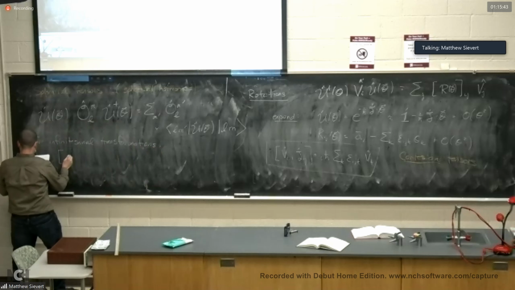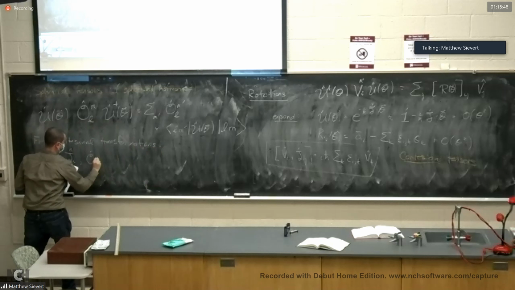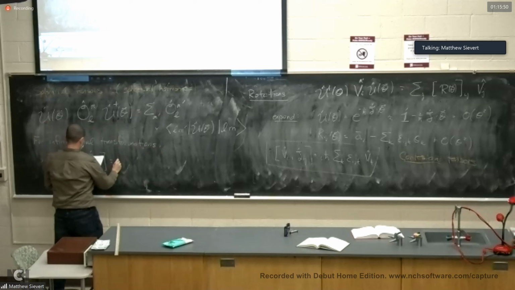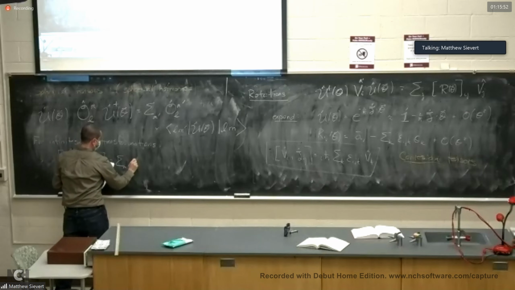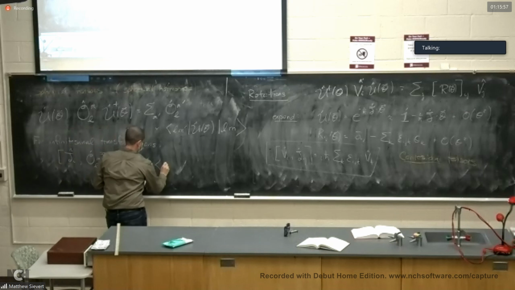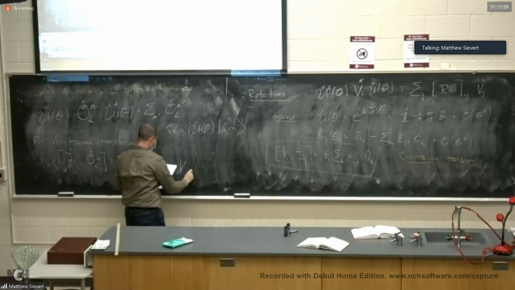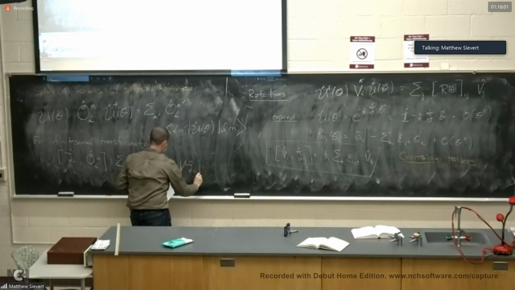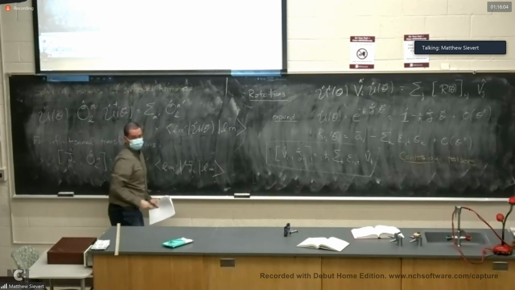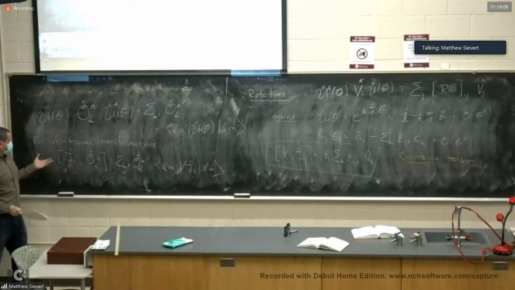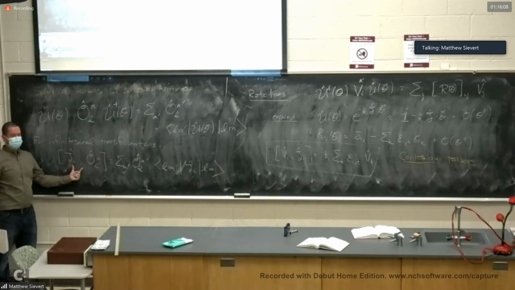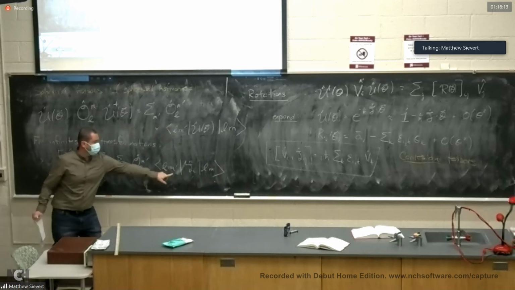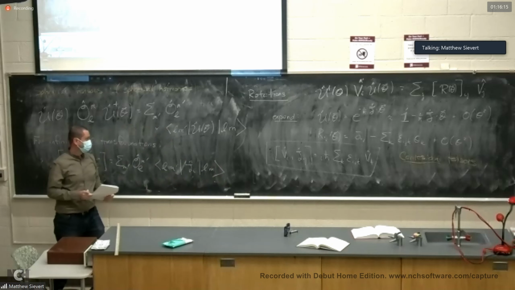So what this tells me is that Ji with this operator OLM is the sum over M prime of OLM prime times the matrix element of angular momentum, LM prime Ji LM. So in operator language, the commutator is what tells you how the operator transforms. The commutator with OLM should transform like matrix elements of the angular momentum.